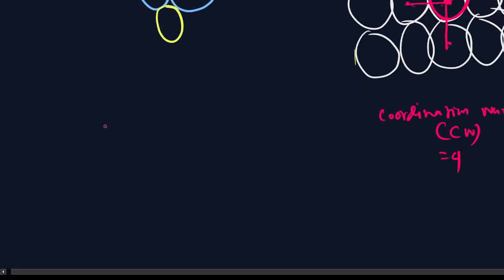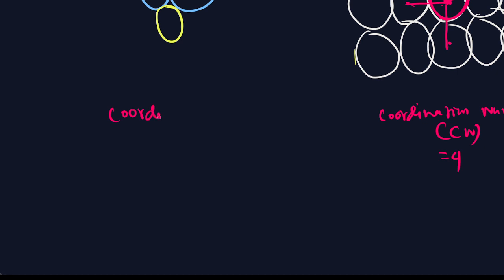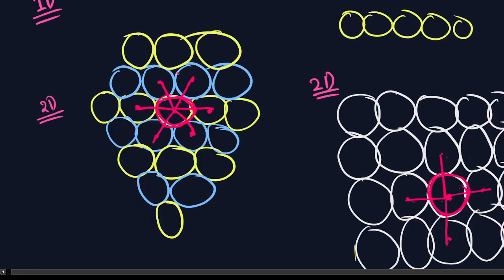So for the coordination number, that is Cn, for hexagonal close packing, this is equal to 6. It means it has directly touched 6 lattice points.